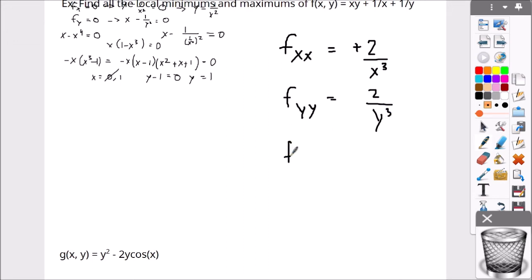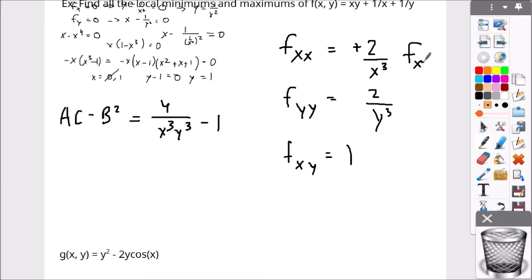And then f sub xy is what? f sub xy is f sub x with respect to y, 1. So our AC minus b squared is equal to 4 over x cubed y cubed minus 1. Or you could just calculate them.